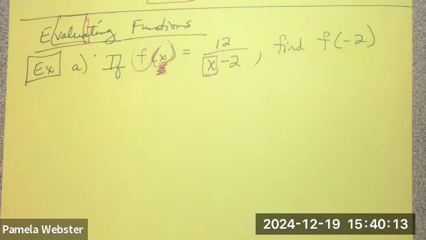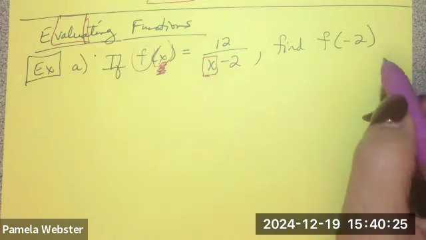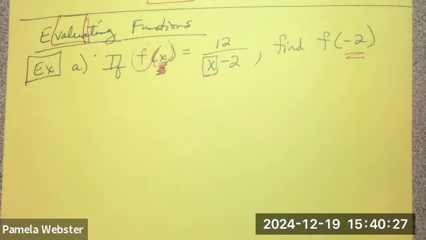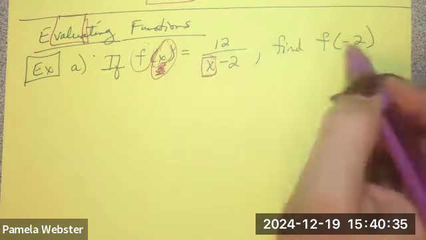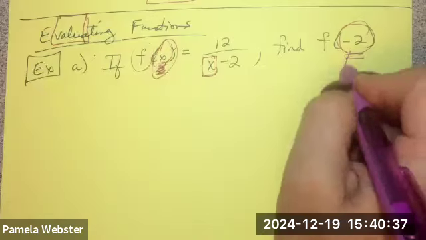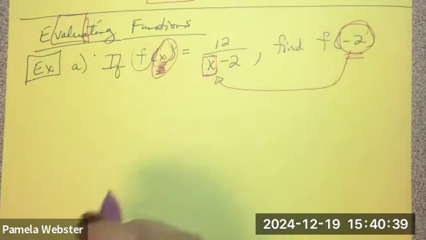And the nice thing is it's actually telling me, hey, this is a function. You don't even have to try to solve it and figure out if it's a function. I'm telling you it's a function. But then we go in and we go, okay, it was an x in there, but they're telling me find f of negative 2. Okay.